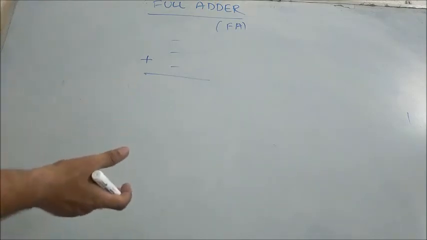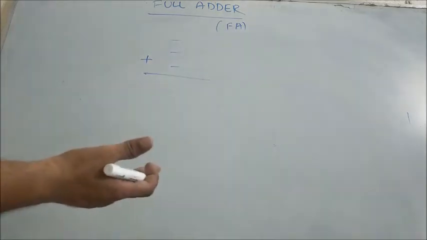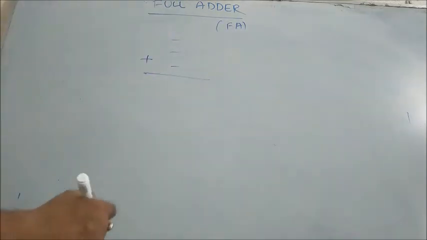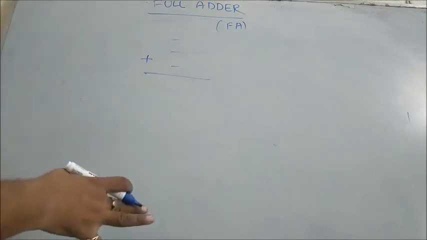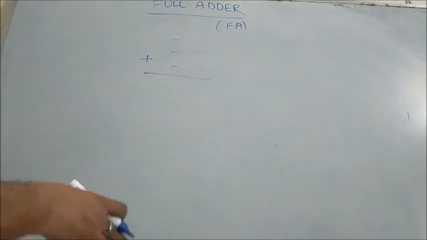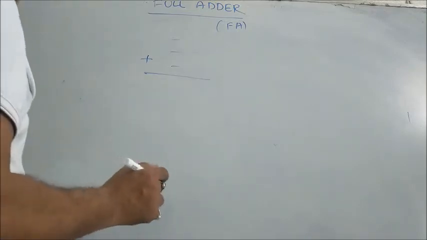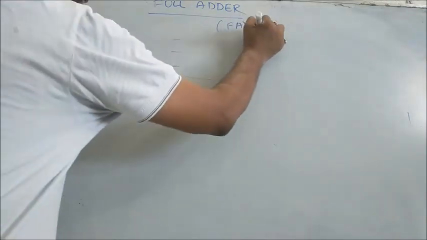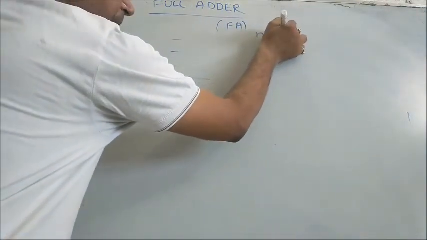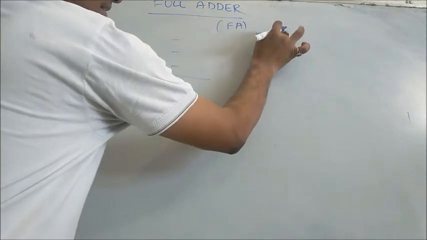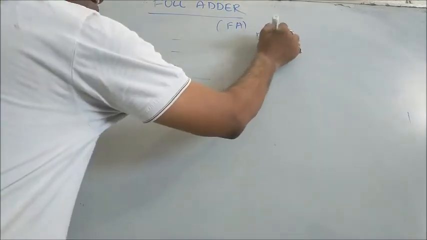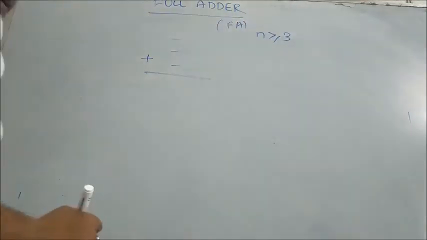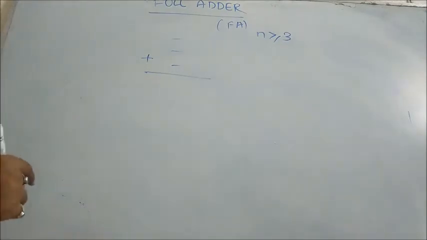You have to go for the advanced designed circuit, that is your full adder. So full adder is used to perform the binary addition for more than 2 bits, that is n is greater than or equal to 3, right? Okay, fine.